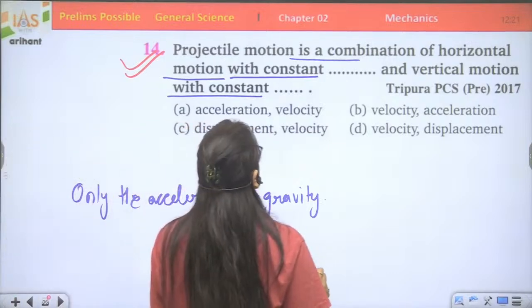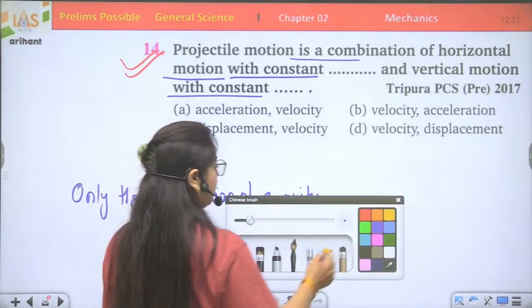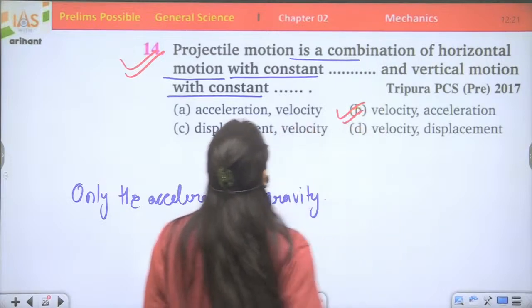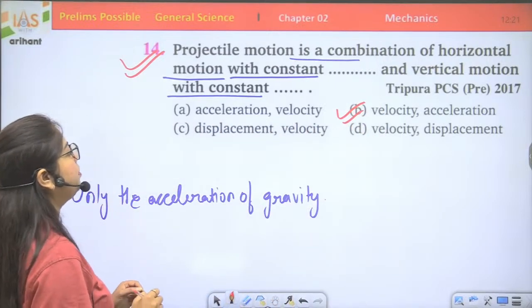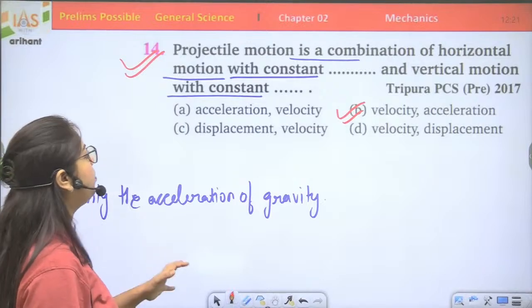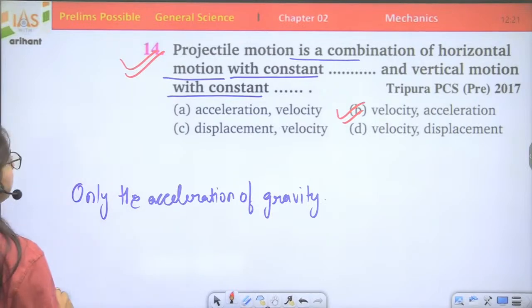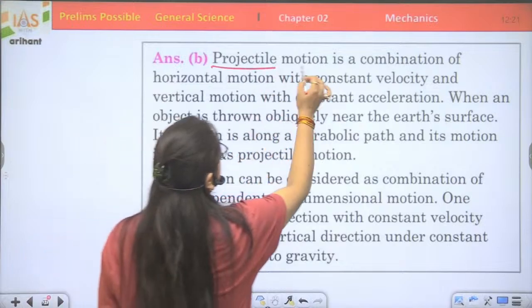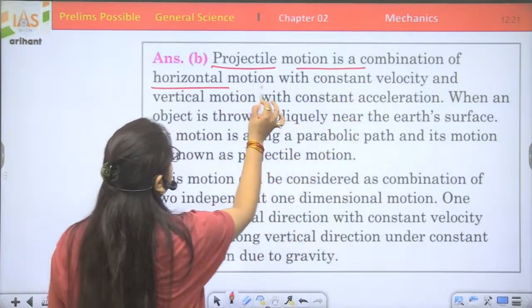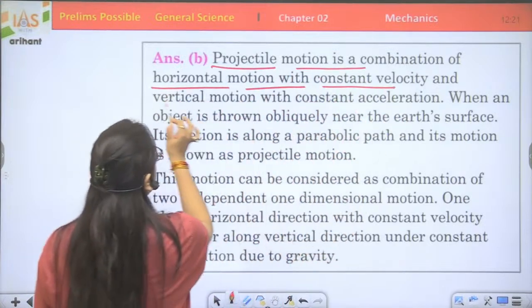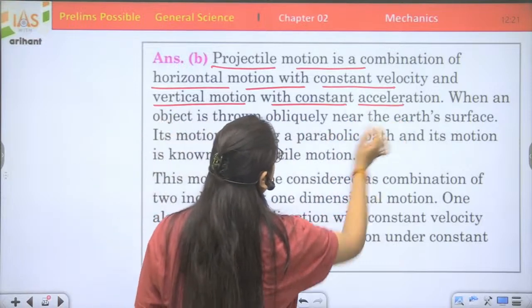Velocity, acceleration. The correct answer of this question is option A. Projectile motion is a combination of horizontal motion with constant velocity and vertical motion with constant acceleration.